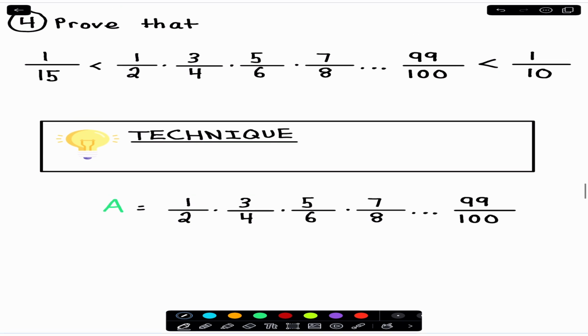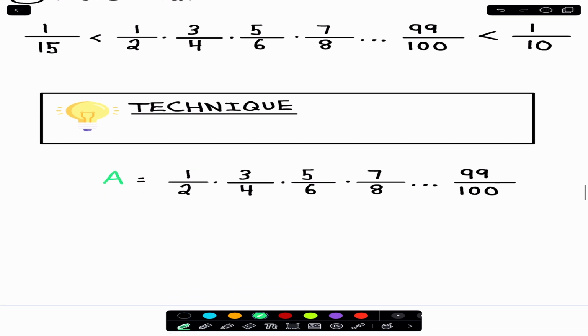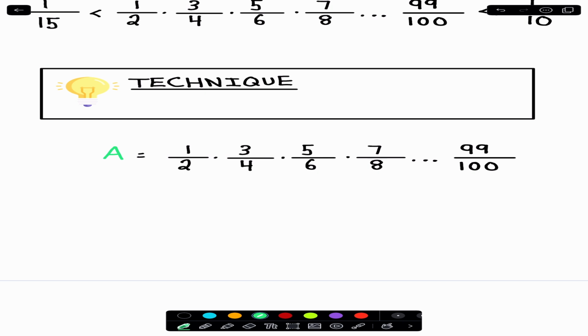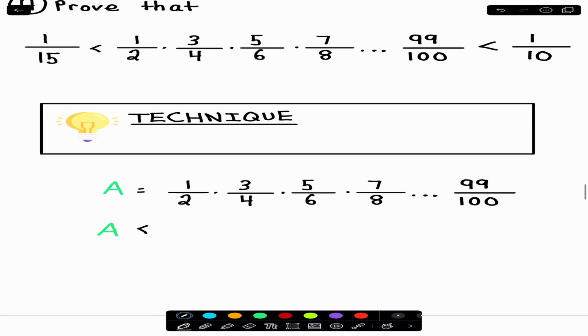Now, because our problem involves these strict inequalities, let's see if we can impose some conditions on A. Specifically, if we can show that A is less than something, that would be great, because that's what we're trying to get in the end.